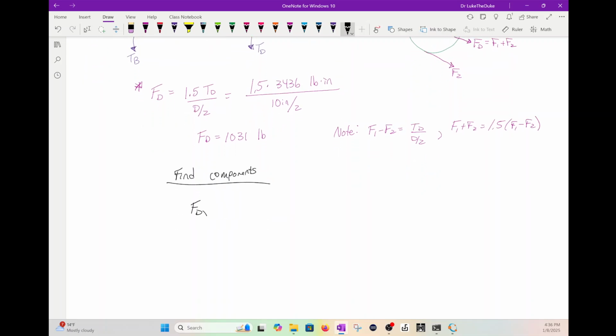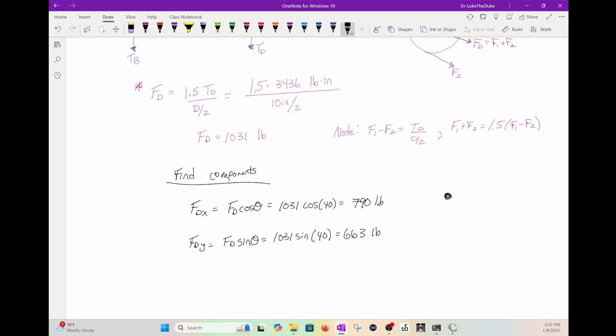So FDx equals FD cosine theta, 1031 cosine of 40, and you get 790 pounds.